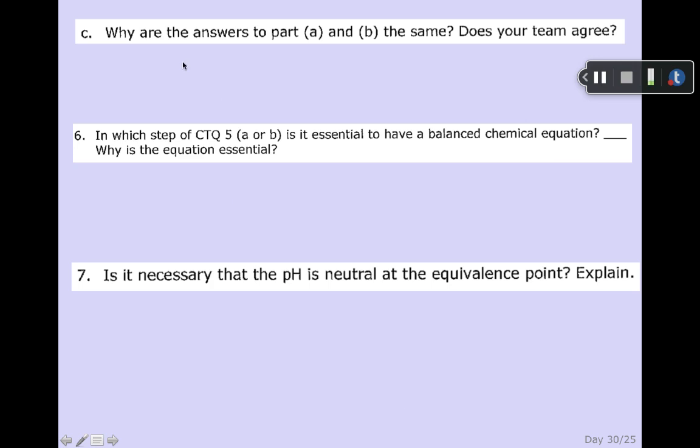It's because, hopefully, when you have reached that point in the titration, at neutralization, when it's neutral, the amount of acid is going to be equal to the amount of the base, or the moles of acid equals the moles of base. And so that's the point of a titration: to figure out how much acid, or whatever the unknown one is, in this case acid, is present, and specifically how many moles of each.